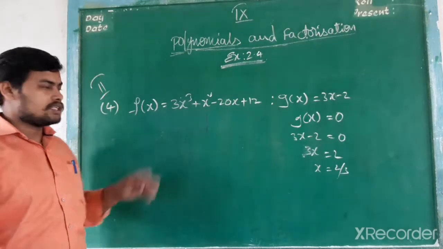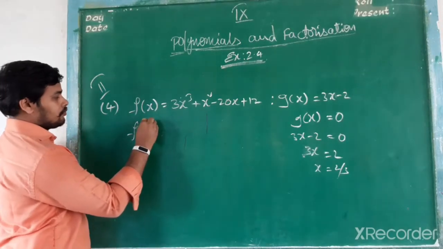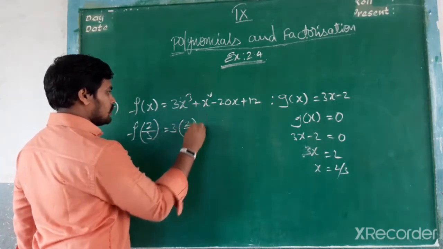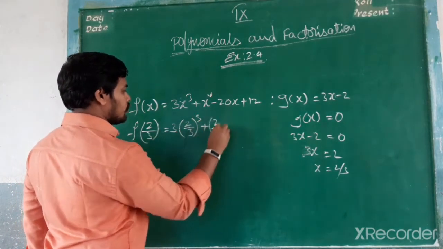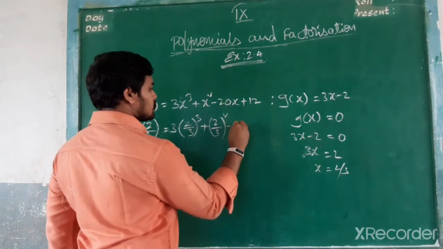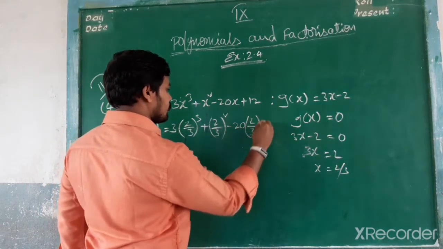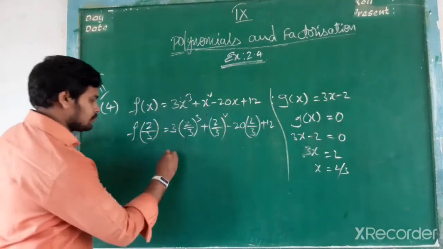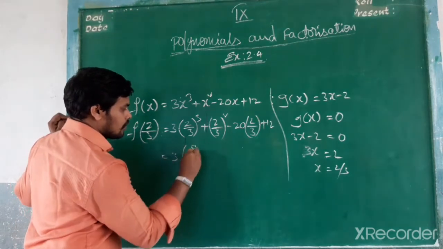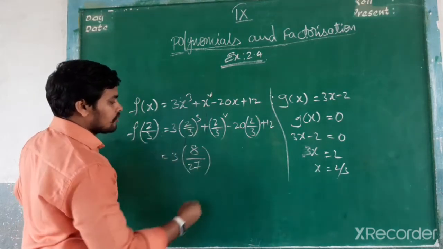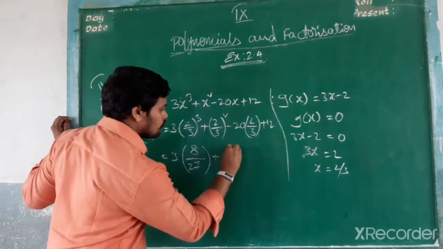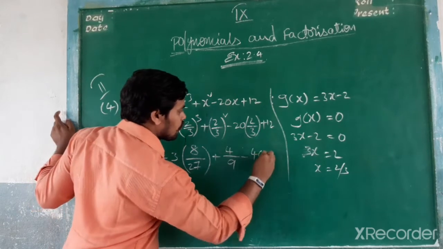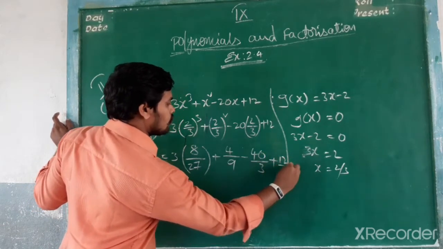Substitute 2 by 3 in f: f of 2 by 3 equals 3 into 2 by 3 whole cube, plus 2 by 3 whole square, minus 20 into 2 by 3, plus 12. 2 cube value is 8, 3 cube value is 27, 2 square value is 4, 3 square value is 9, minus 40 by 3, plus 12.